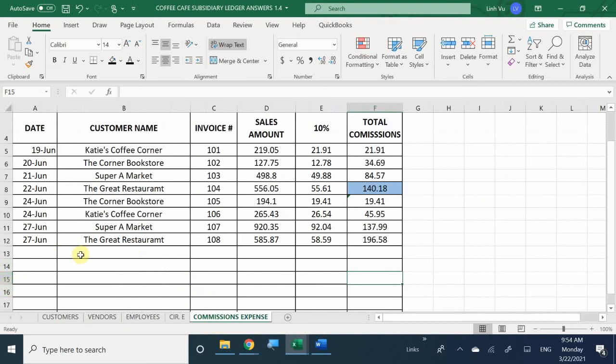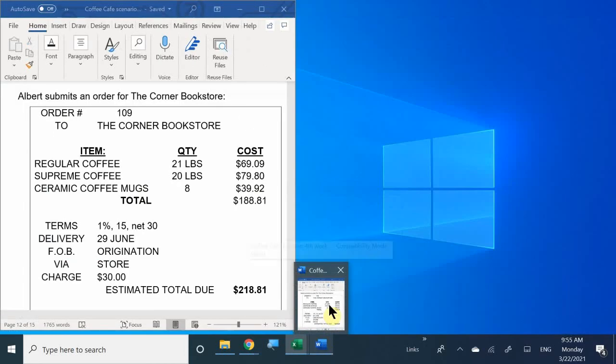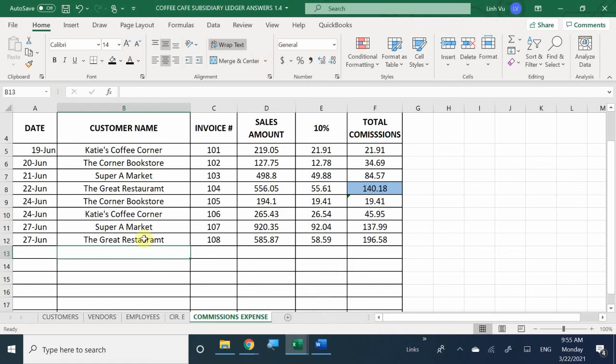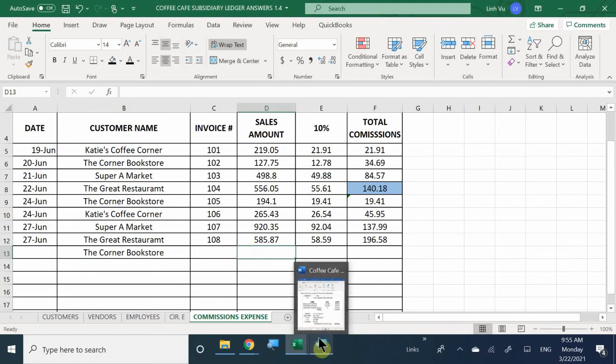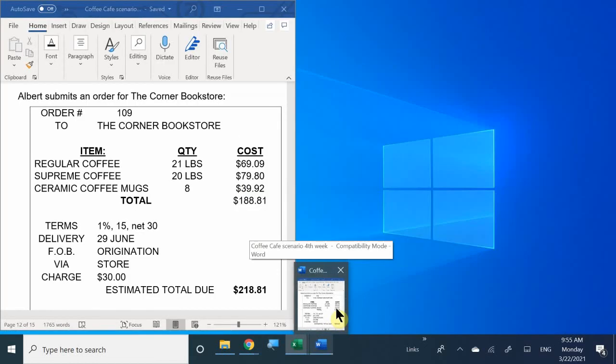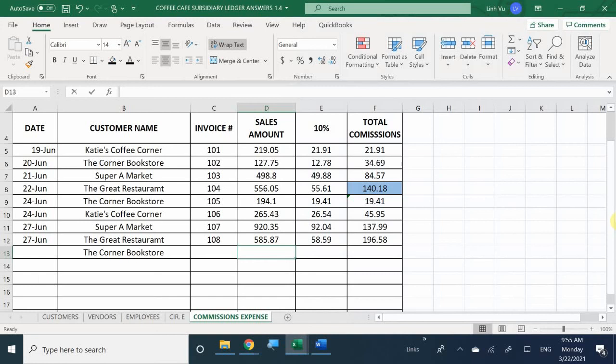Good. So here, who are we putting this in for? The Corner Bookstore. Okay, and what is the invoice amount for? 218.81.